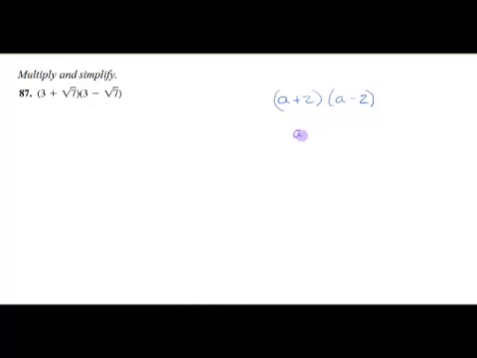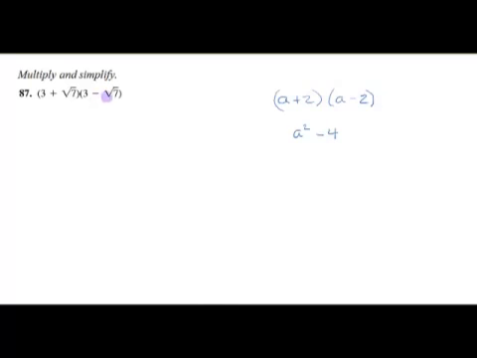I know that I'll have a squared minus 2a plus 2a cancels out, and a plus 2 times negative 2 is minus 4. So we have a product of a sum and a difference as a difference of squares. When we see that's going to happen, all we need to multiply is the first to get the first term and the last terms to get the last term. So we'll do the same here.